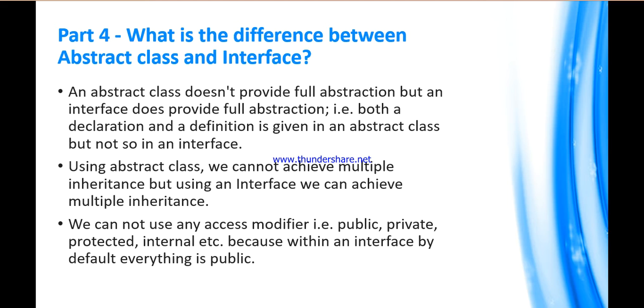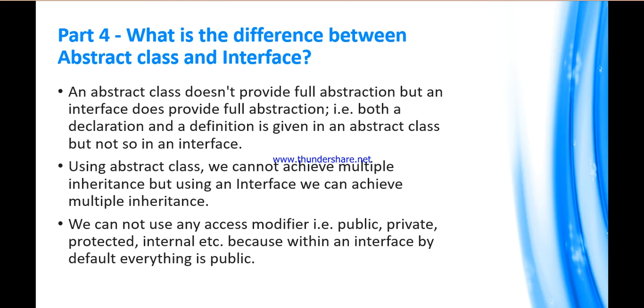Now, what is the difference? The first point is that an abstract class does not provide full abstraction, but an interface does. In an abstract class we have abstract methods as well as non-abstract methods.